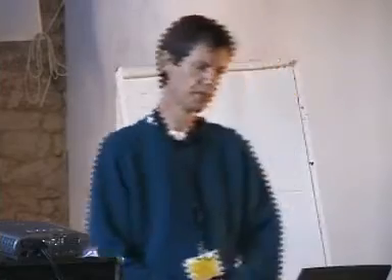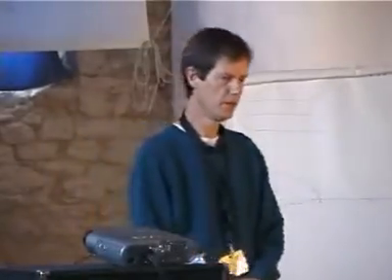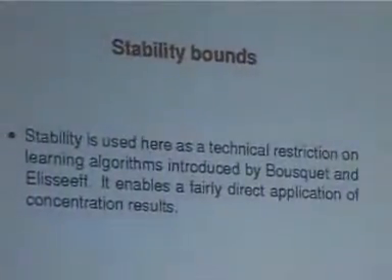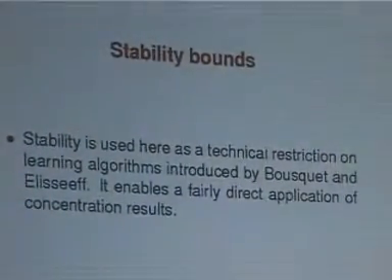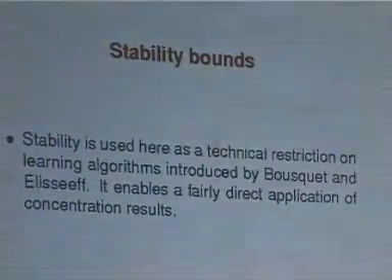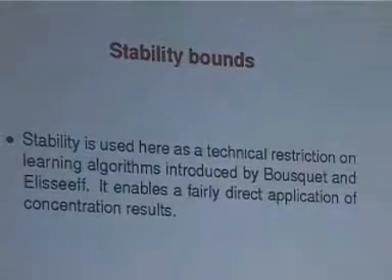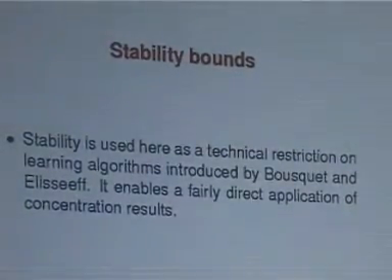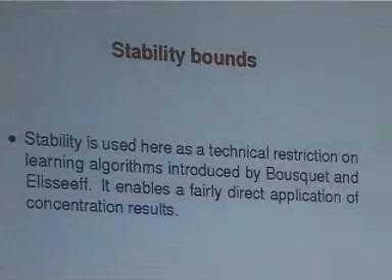Okay, so my first application of these ideas, and this is like a warm-up to Rademacher complexity, is something referred to as stability bounds. Now, in the book that Nello and I just recently published, we use stability to just mean reliable estimation, so it's slightly confusing with this use of stability, which is a technical term introduced by Olivier Bousquet and André Elisseeff.